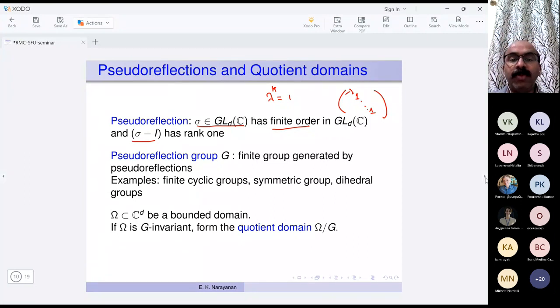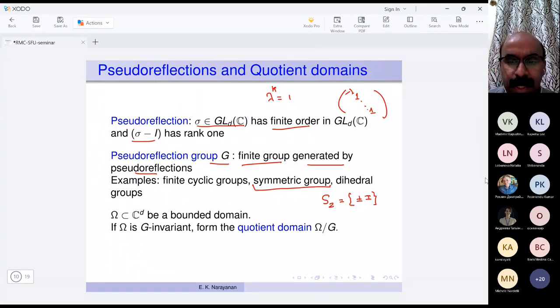So any pseudo reflection is going to look like that. So a pseudo reflection group G would be a finite group generated by pseudo reflections, just like a reflection group, right? So examples are finite cyclic groups, symmetric groups, dihedral groups. I would emphasize the symmetric group because that's an easy thing to look at. In particular, you can look at just S2, which is plus or minus 1, and you can see essentially everything explicitly in the case of S2.